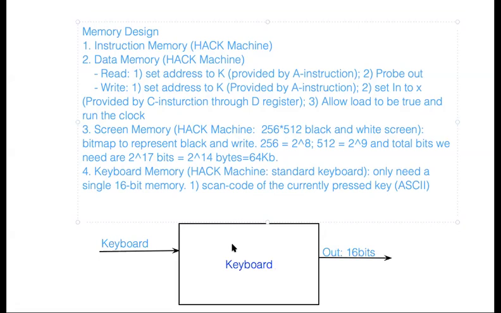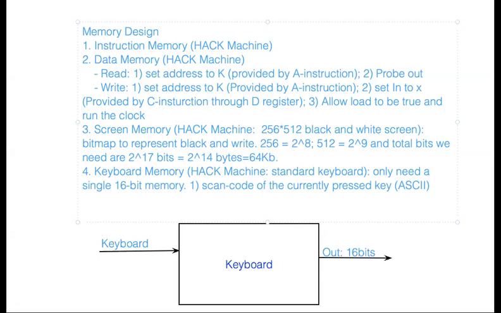Now we go back to our first question: why does our data memory, our RAM, only have 16 kilobytes, unlike the instruction memory, which has 32 kilobytes?